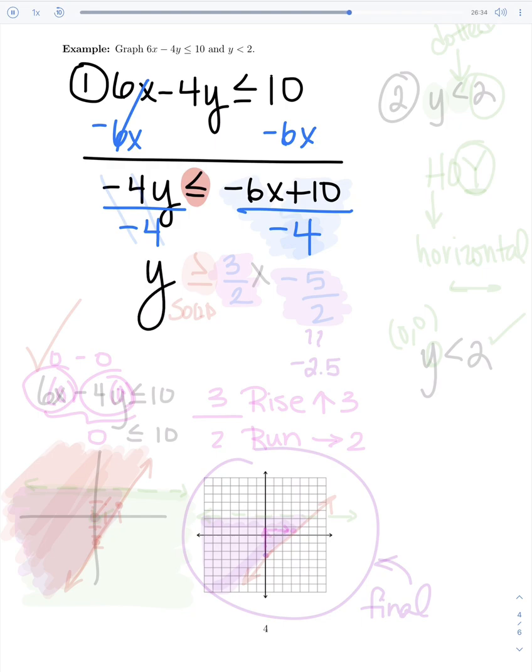So now we'll be looking at y is now, be careful, greater than or equal to, what do we have on the other side? We have a negative 6 divided by a negative 4, which will actually become a positive. Also, 6 over 4 does reduce to 3 halves because they're both divisible by 2.